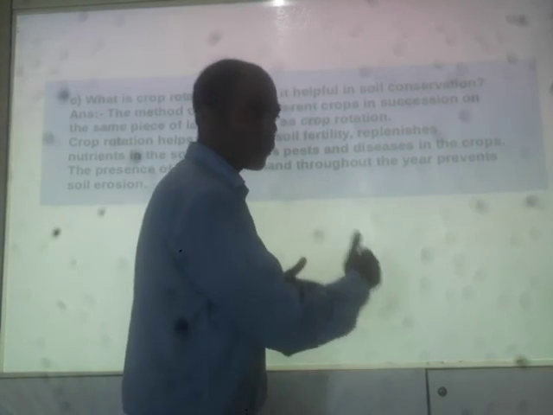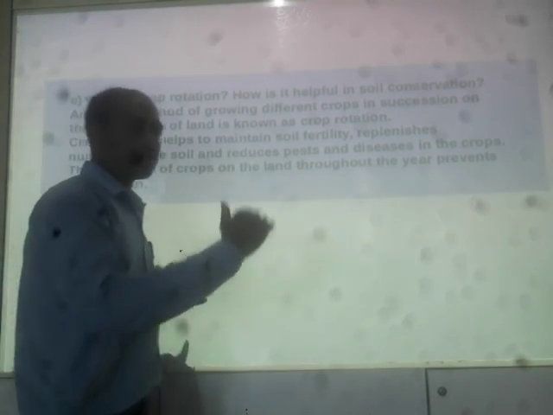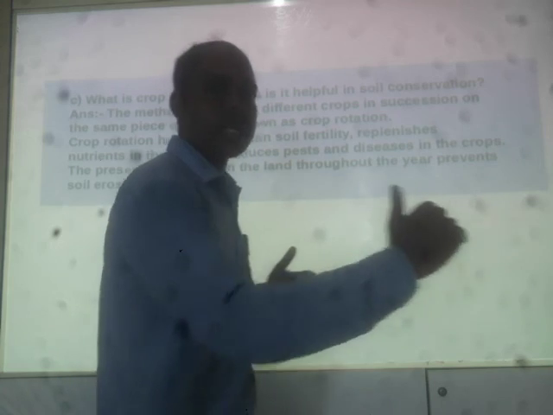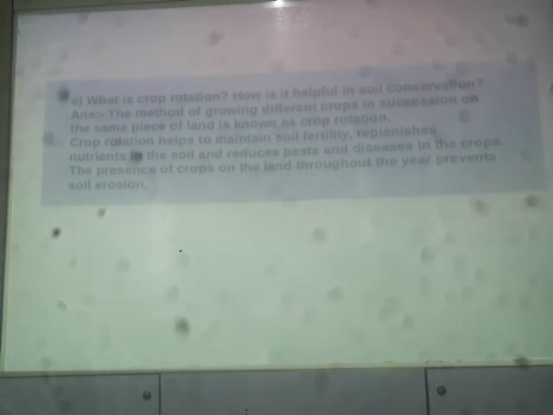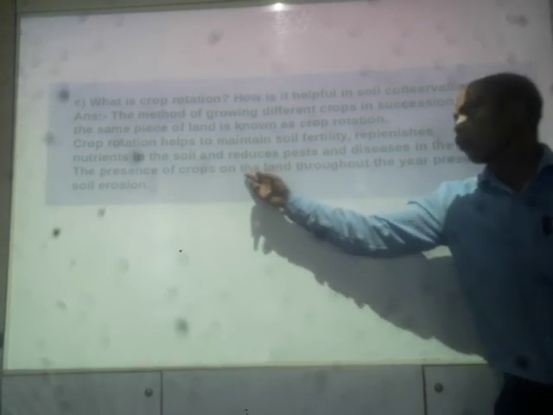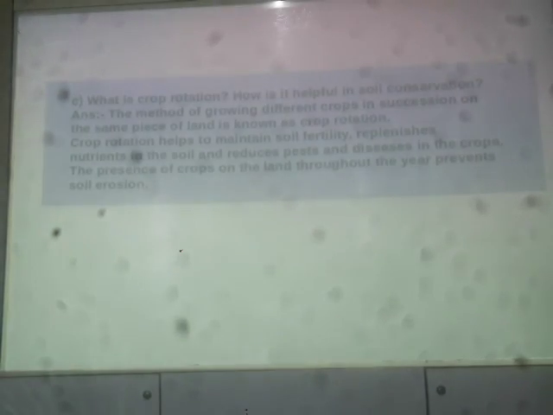Then another crop will be grown, holding the soil in the meantime. In this way, there is a presence of crops on the land for the whole year, and thus it prevents soil erosion. So this is the answer to what is crop rotation and how it is helpful in soil conservation.